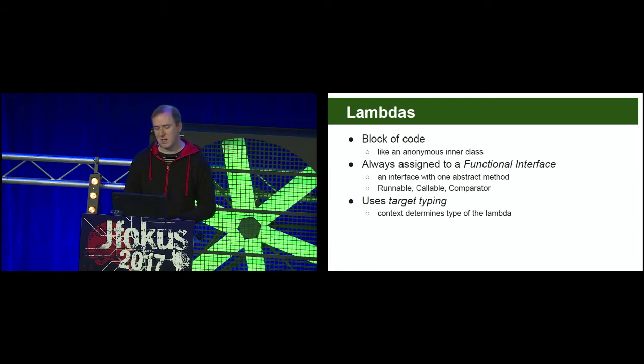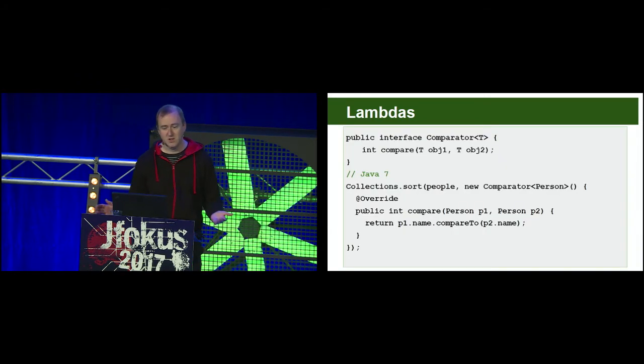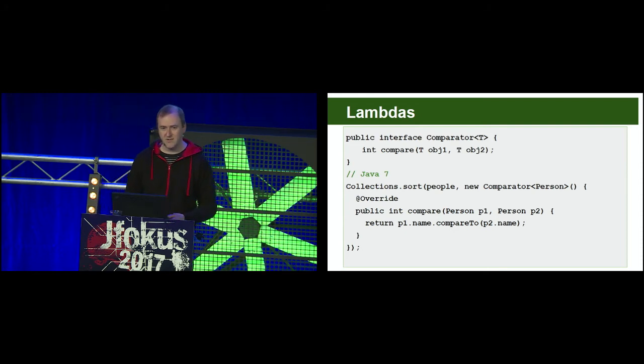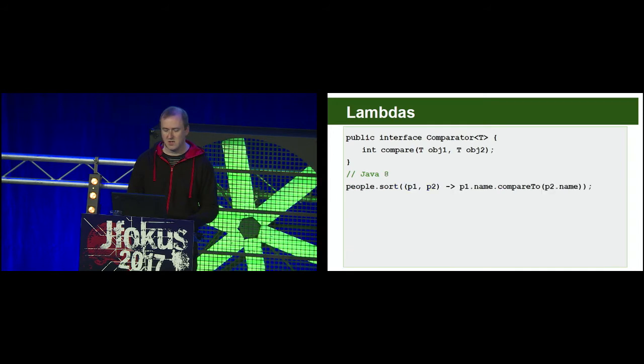And they use target typing so that the context, where that piece of code is, determines the types of the lambda. So here's our comparator example that we've known for many years. That's how we used to write it in Java 7, anonymous inner class, lots of code. It's nice, given that that's the only piece of information that actually matters in that piece of code, that we can just reduce it down to something much neater now.